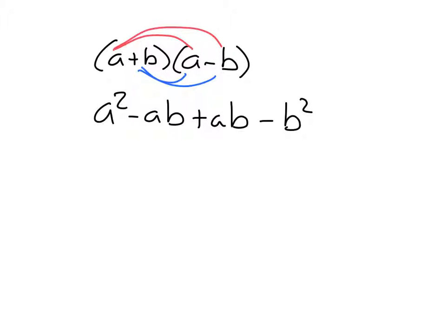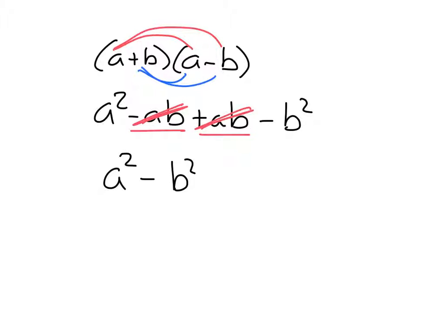The two like terms, negative ab and positive ab, add together to get 0. They cancel each other out, and I end up with a squared minus b squared.